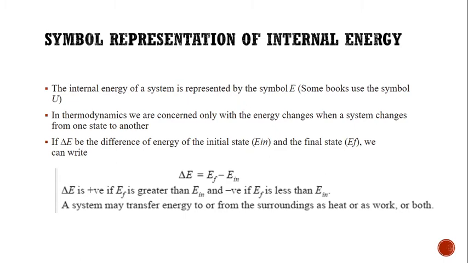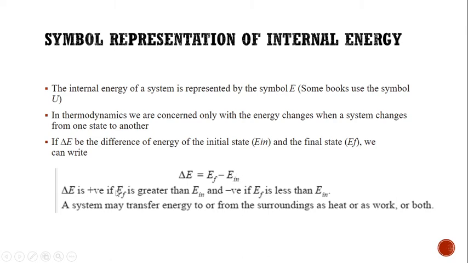For example, if we need to calculate the change in energy, it can be calculated as the difference of final energy and initial energy, that is delta E equals E_f minus E_in. Delta E is positive if the value of E_f is greater than the initial energy. Delta E is negative if E_f, that is final energy, is less than E_in.